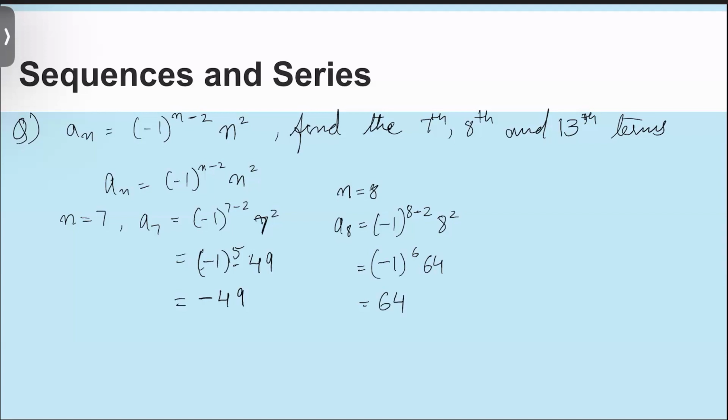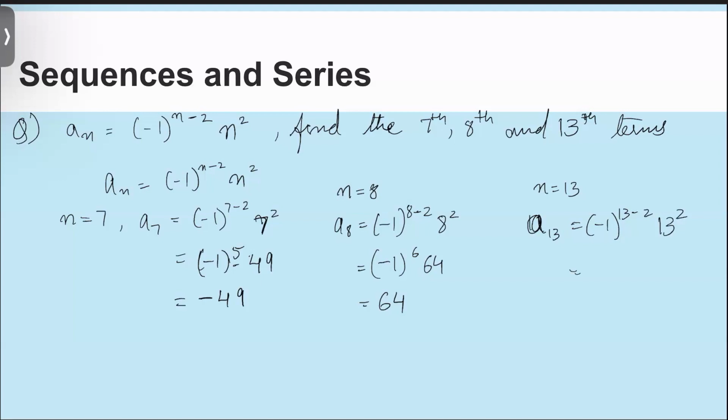Now let's take n is equal to 13. So you have a13 is equal to minus 1 raised to 13 minus 2, 13 squared.